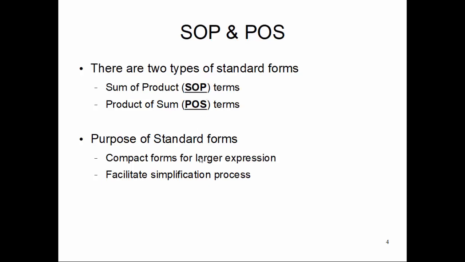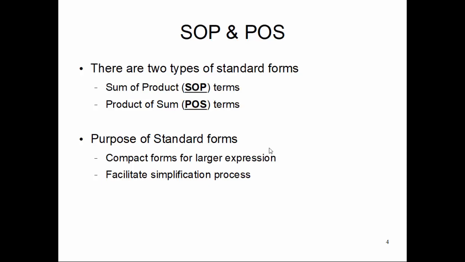All right. Now, purpose of the standard forms. First of all, they are compact forms for very large expressions. A large expression can have many terms, maybe 2 pages, 3 pages long, and we can express that very compactly. Also, it facilitates the simplification process.